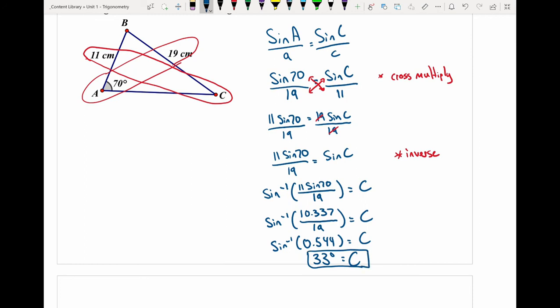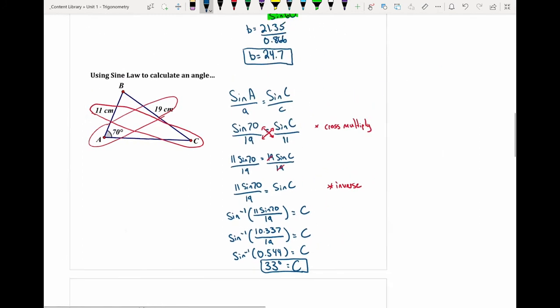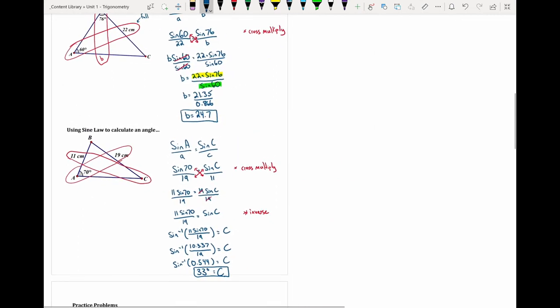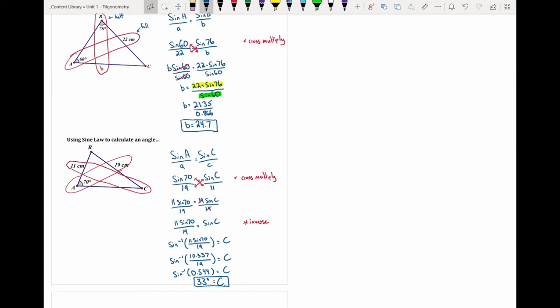So, you can see that when dealing with the sine law, it starts out basically the same. Remember, you're looking for that full pair and that half pair. Actually, I will indicate here we have a half pair. Plug in your information, cross multiply.